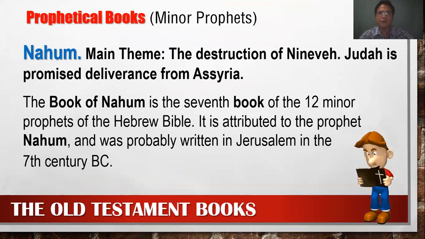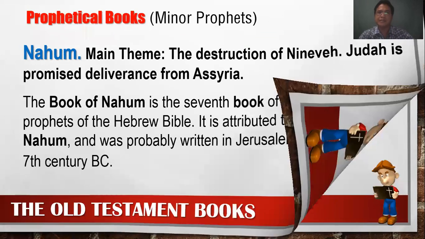Judah is promised deliverance from Assyria. The book of Nahum is the 7th book of the 12 minor prophets of the Hebrew Bible. It is attributed to the prophet Nahum and was probably written in Jerusalem in the 7th century BC.